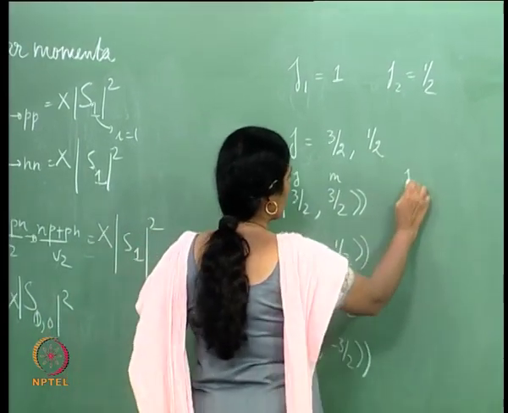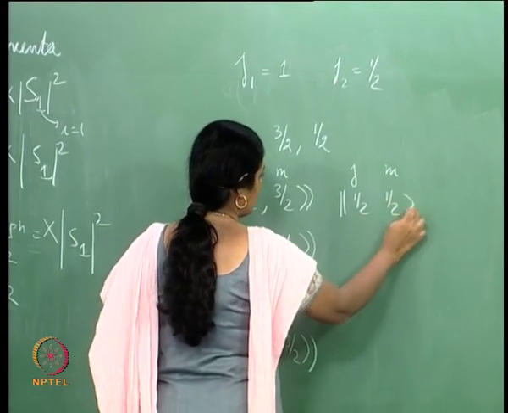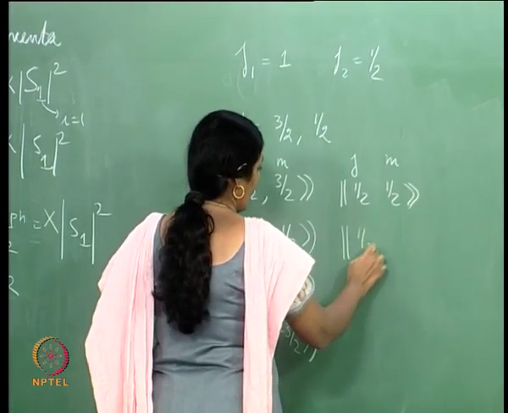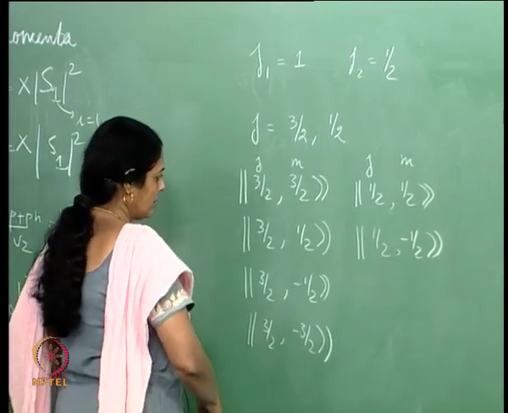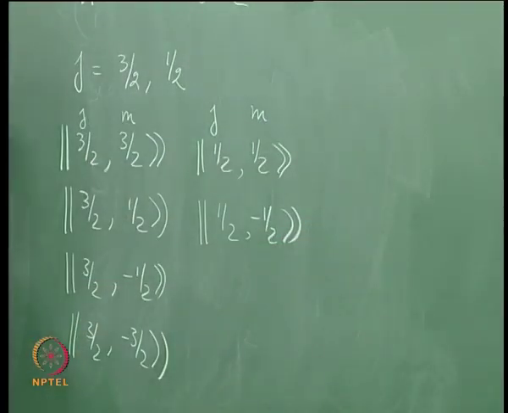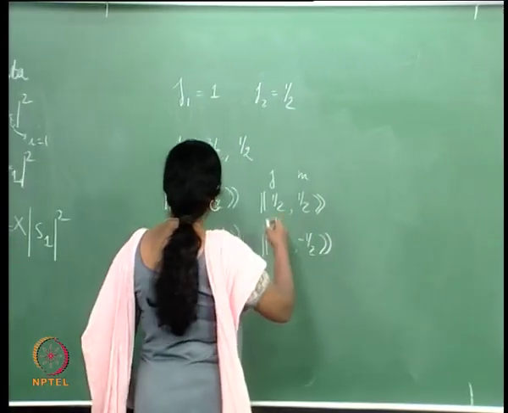And if j equals half, m can be half, m can be minus half. So, these are the various coupled states that are possible in this context. What about the uncoupled basis set? So, this is the coupled basis set.